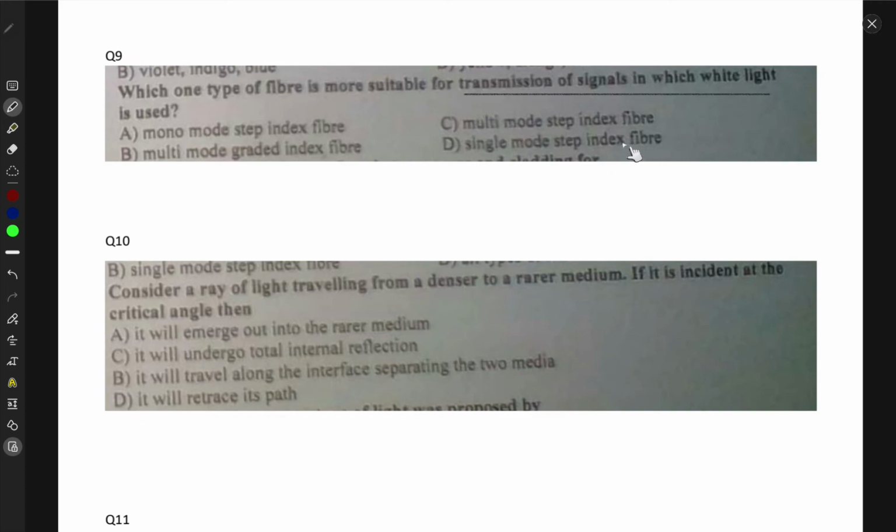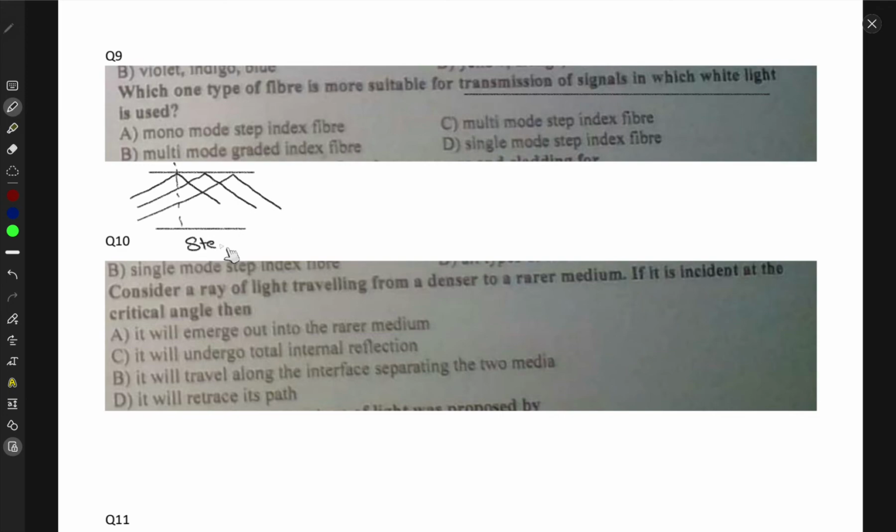So the step index fiber, let me just try to draw this. Whenever you have a step index fiber, a single mode will just look like these waves, coming and bouncing back and being reflected like this. For multi-mode, you'll have more than one, so there'll be things like this, and this is the multi-mode.